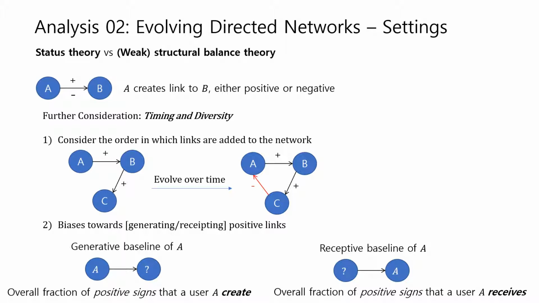They introduced notion of baseline over two different points of view. Some users produce links almost exclusively of one sign or the other, while others produce relatively even mix of both positive and negative links. Therefore, we should measure baseline to neutralize different biases of each user.